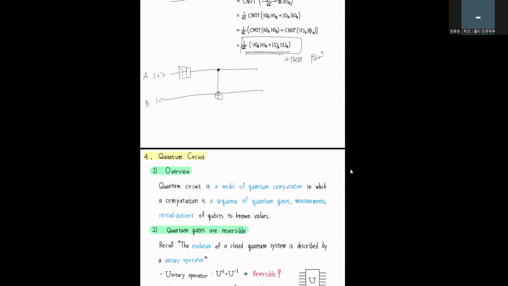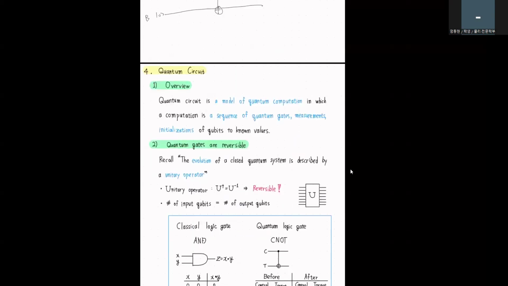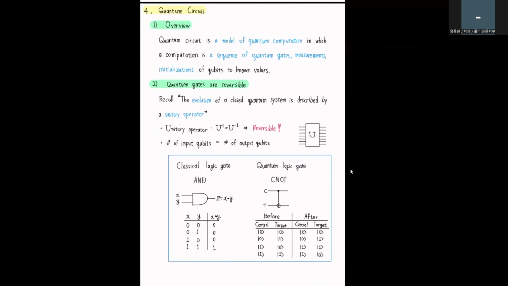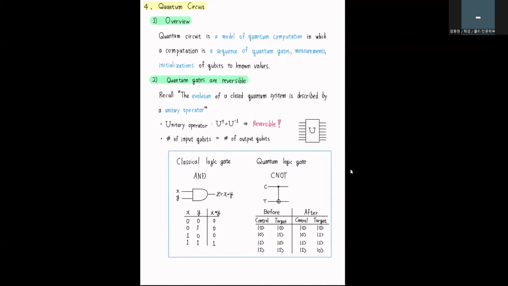So moving on, we can define what's called quantum circuits using our gates. A quantum circuit is the quantum analogy to classical circuits, which is a model of quantum computation in which the computation is a sequence of gates, measurements, and initializations of the qubits.